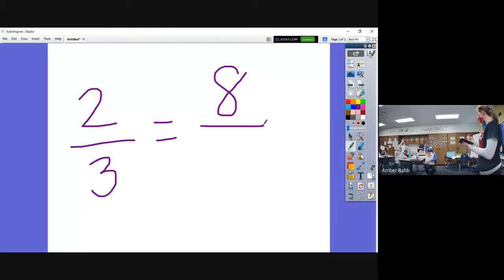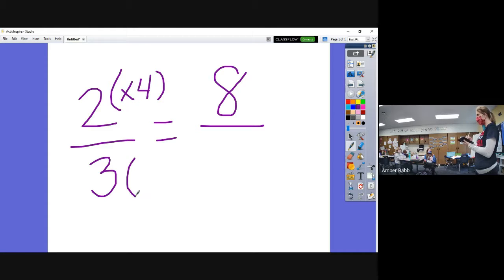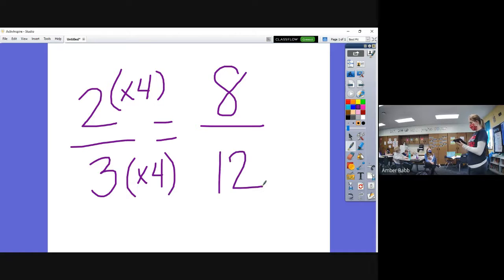Sophie, how do I turn a 2? Times 4. So if I times the numerator times 4, what do I have to do to the denominator? Times 4. So then my denominator would be 12. Easy. Okay? So whatever I do to the numerator, I do to the denominator. Whatever I do to the denominator, I do to the numerator.